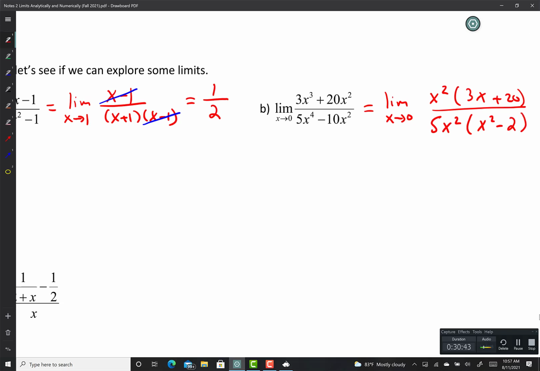Okay, now what cancels? The x squares, like that. You guys see that? Now I'm going to evaluate. I no longer have to write the word limit if you put numbers in there. 3 times 0 plus 20 over 5 times 0 minus 2.